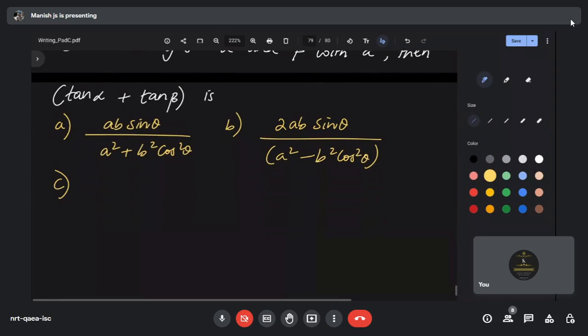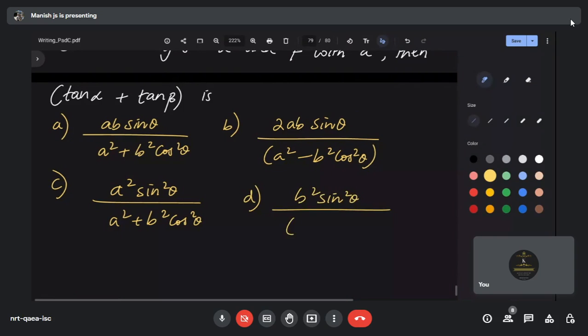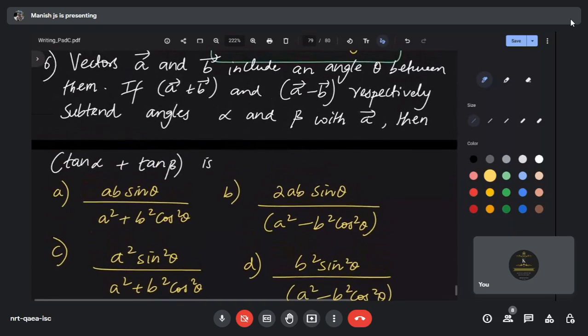Option C, a square sine square theta divided by a square plus b square cos square theta, and option D, b square sine square theta divided by a square minus b square cos square theta. Yes, try it.